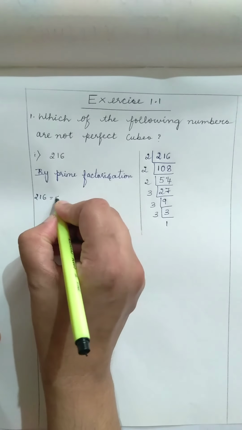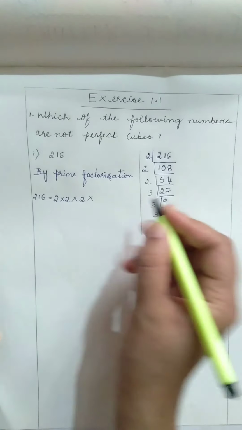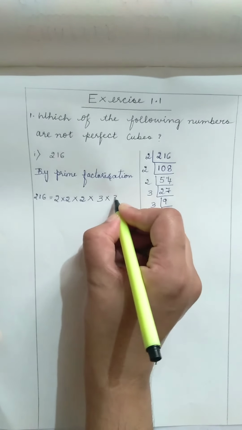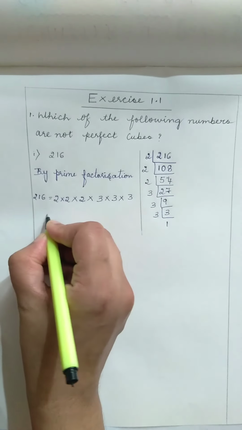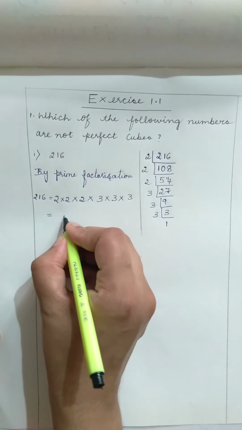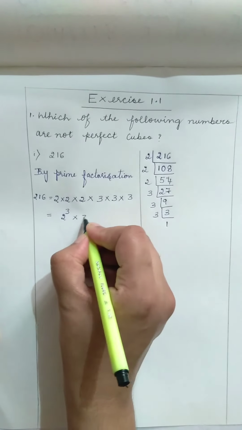So, we will write it as 2 into 2 into 2, and 3 has been repeated 3 times, so 3 into 3 into 3. So, it is, children, 2 cube into 3 cube.